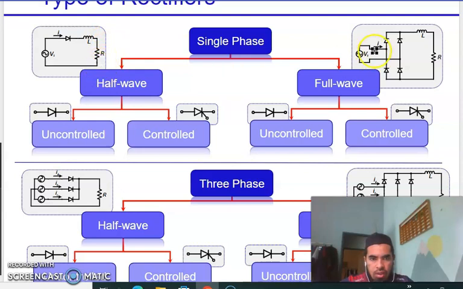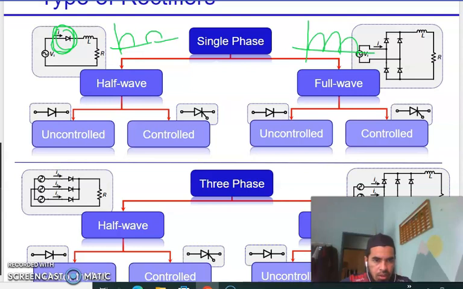The difference is that this is a full wave rectifier topology, meanwhile this is for half wave. For half wave, if you want to rectify only half of the wave, you require only a single device, which means it is rectified into a half wave. Meanwhile, if you require both poles to be rectified, you need a full wave rectifier.